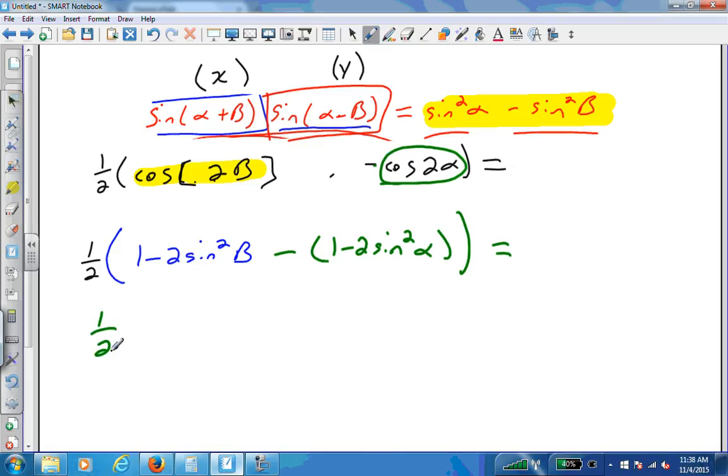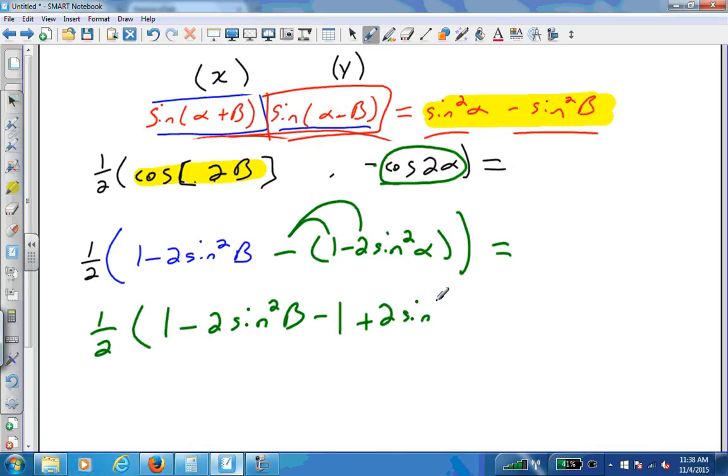So this is 1/2 times 1 minus 2 sine squared beta minus 1 plus 2 sine squared alpha. Notice 1 minus 1 is 0.